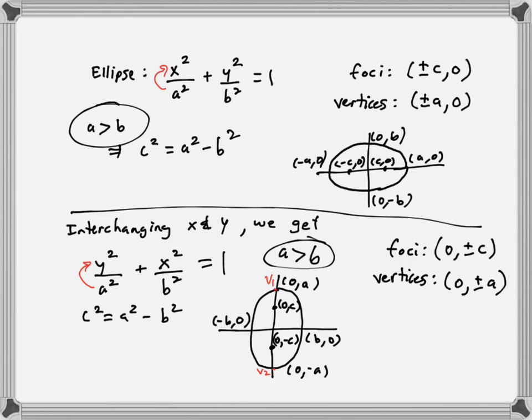So let me write this as a tip here. Tip: the foci are always in the direction of the variable with the larger denominator.